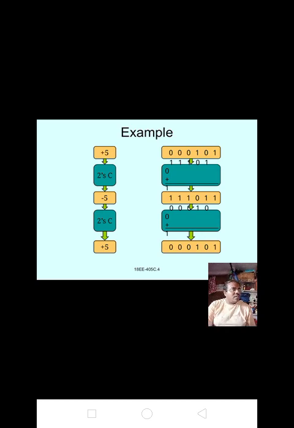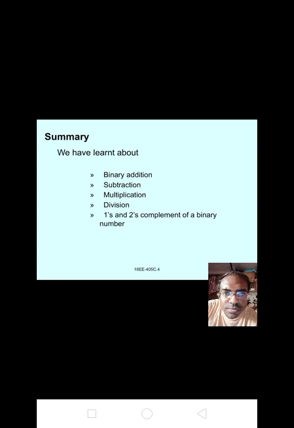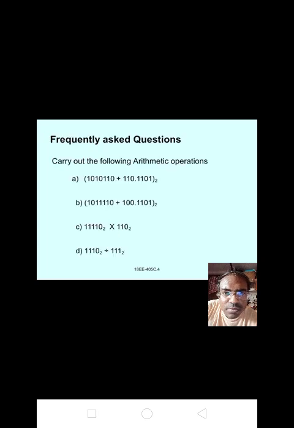You understood that? By seeing the binary subtraction here, you do this simple problem: 1 1 1 1 1 0 1 0.